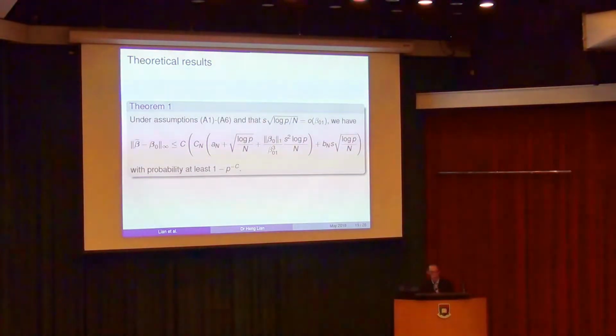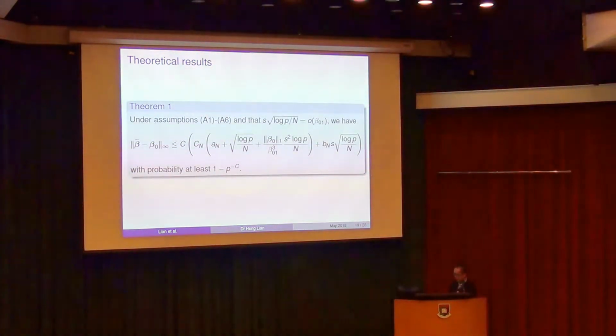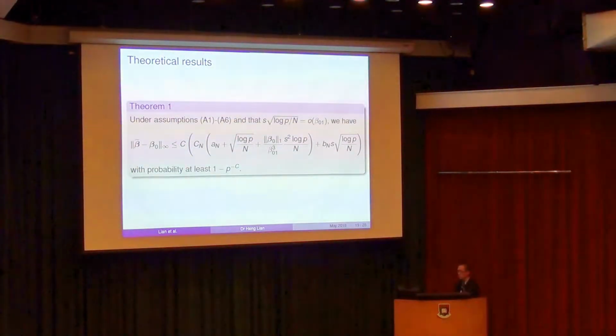The other can be assumed to be small, so it's just the guy in the middle, square root of log p over n. This is the convergence rate. This rate is in some sense optimal, not exactly optimal, but this is the rate usually people accept for this class of problems.